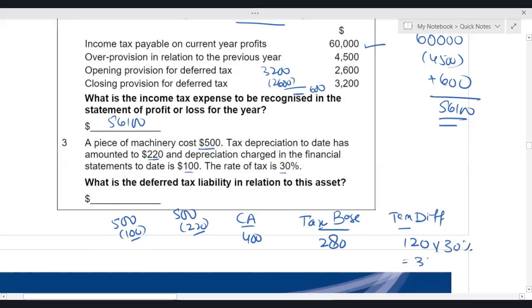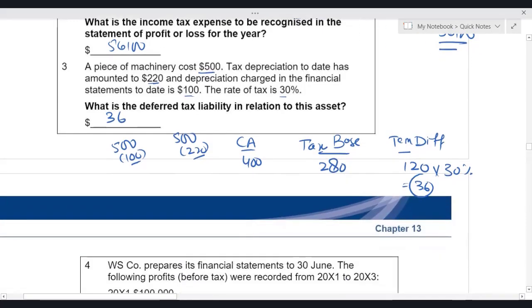So it will result in a deferred tax liability of 36. In case of assets, when carrying amount is more than the tax base, the difference is the taxable temporary difference. Taxable temporary difference multiplied by tax rate gives you deferred tax liability.